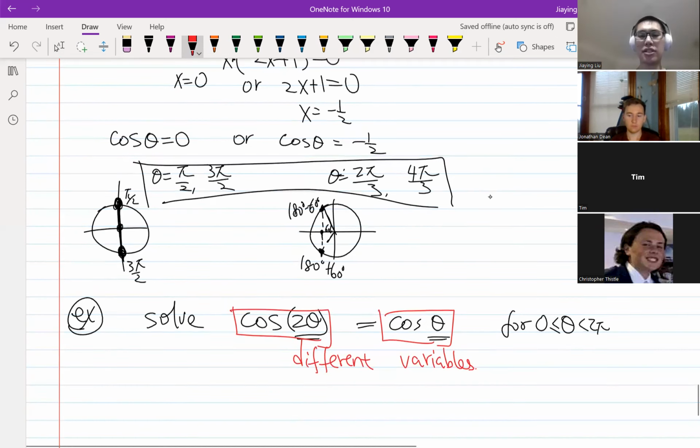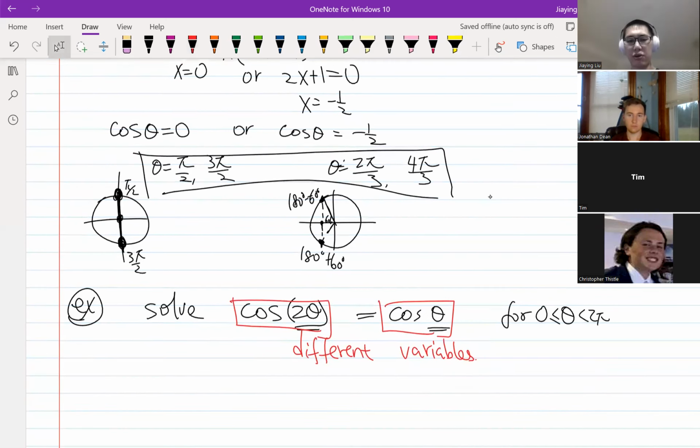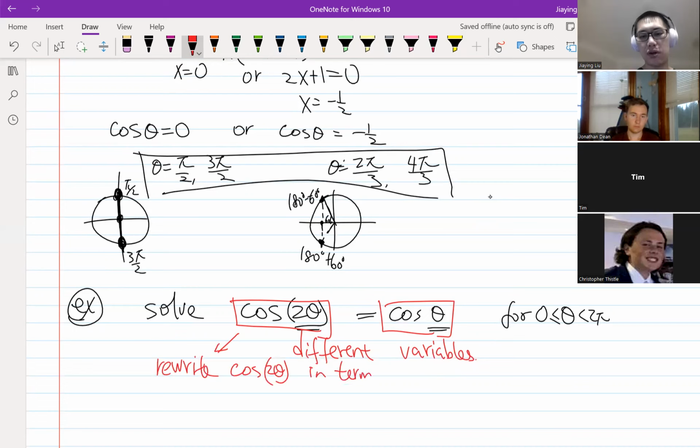They're different, they're not the same. So in order to solve the equation and find the exact solution, we have to somehow rewrite one of the terms in terms of the other one. So we're going to rewrite cosine 2 theta in terms of cosine theta.